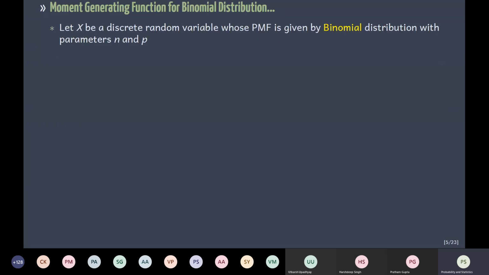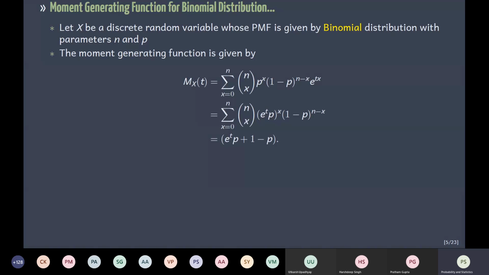Let us see if we could compute moment generating functions for some of the distributions that we have seen. Let us say we have a discrete random variable whose PMF is binomial with parameters n and p. The moment generating function will be given like this. Here this is the PMF of the random variable x, and this is the e to the t x that we multiply with to create a moment generating function.